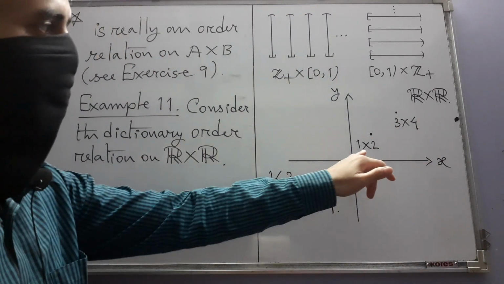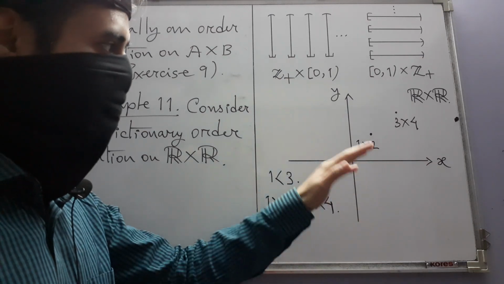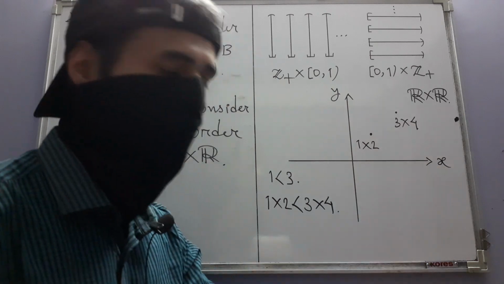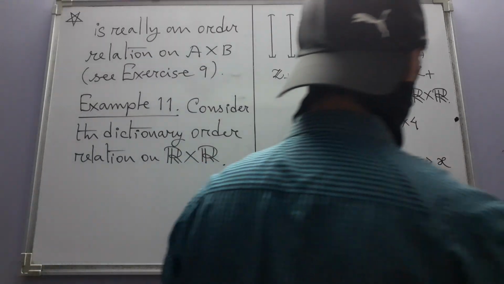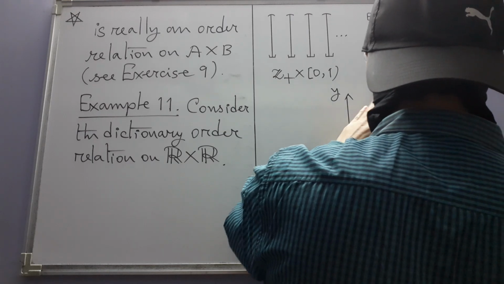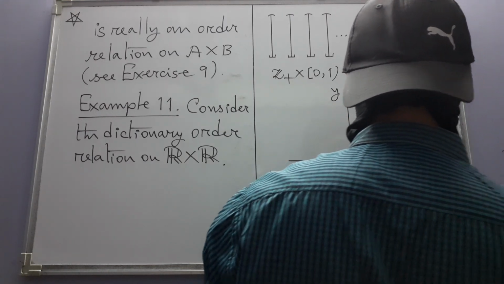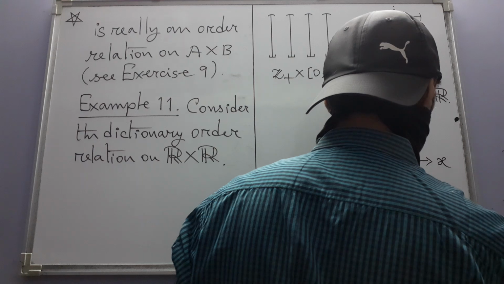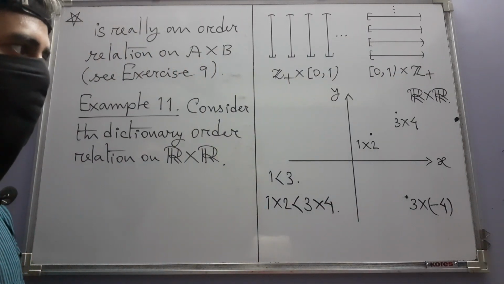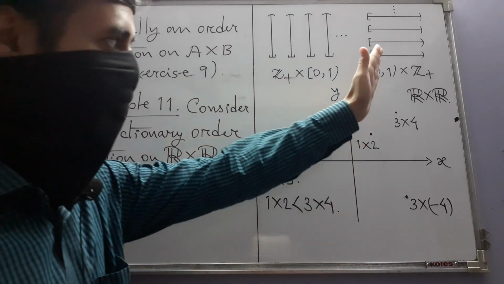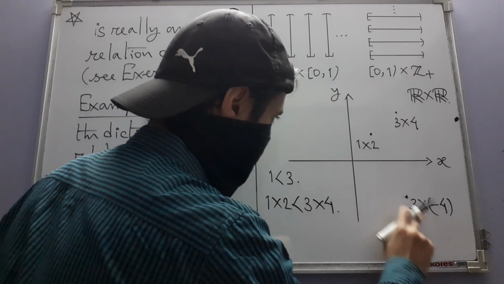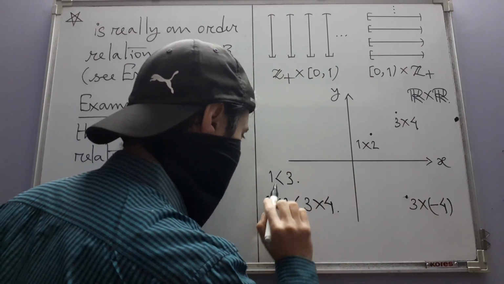But actually, this is also less than some points which lie to its right but below. For example, you can consider this point here, which is say 3, minus 4, which lies on the same vertical line through 3, 4. If you consider these 2 points, then also 1 is less than 3.